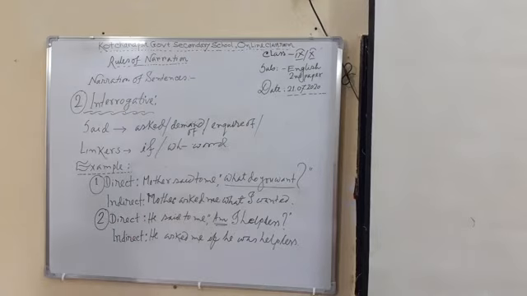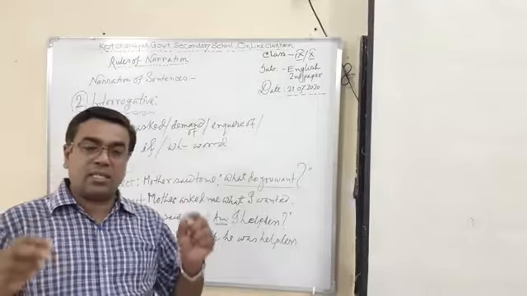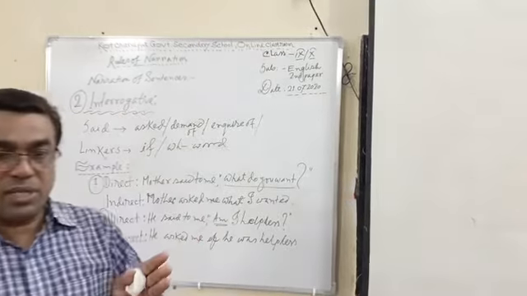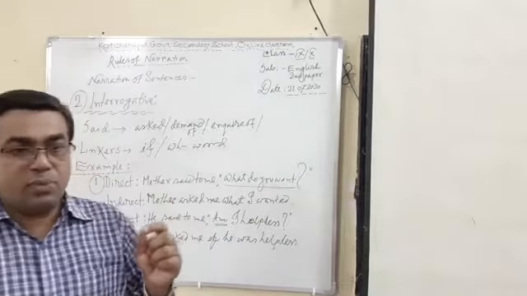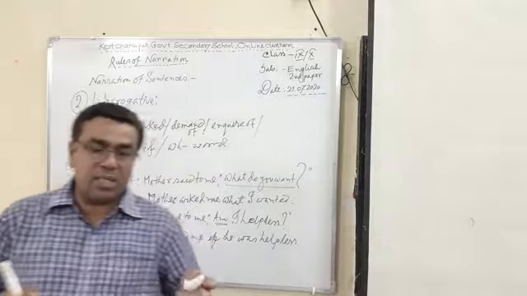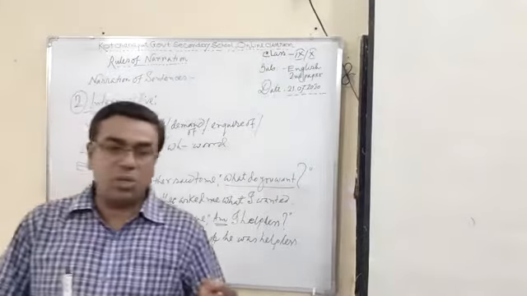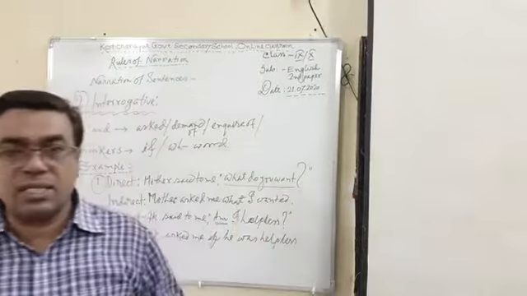And we have to have a clear concept about interrogative sentences, assertive sentences and the other kinds of sentences. That means five kinds of sentences we have to clearly understand. If we don't have a clear concept about any kind of sentence, we can't answer the question in direct and indirect narration.